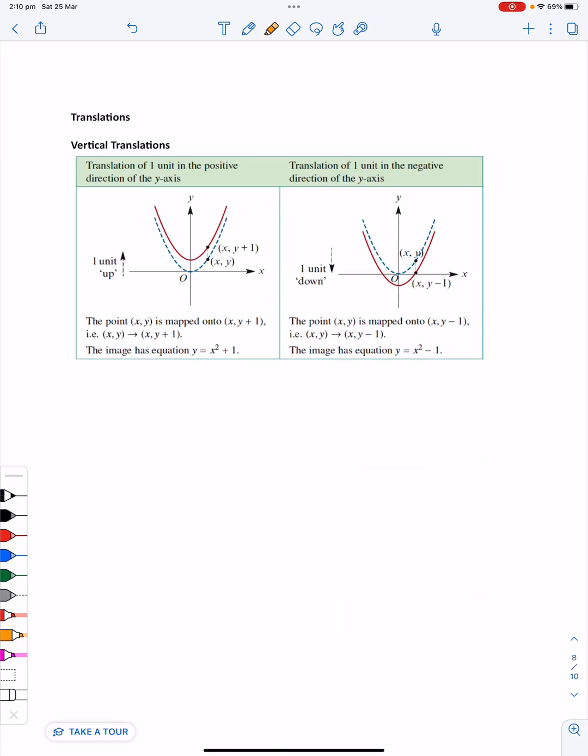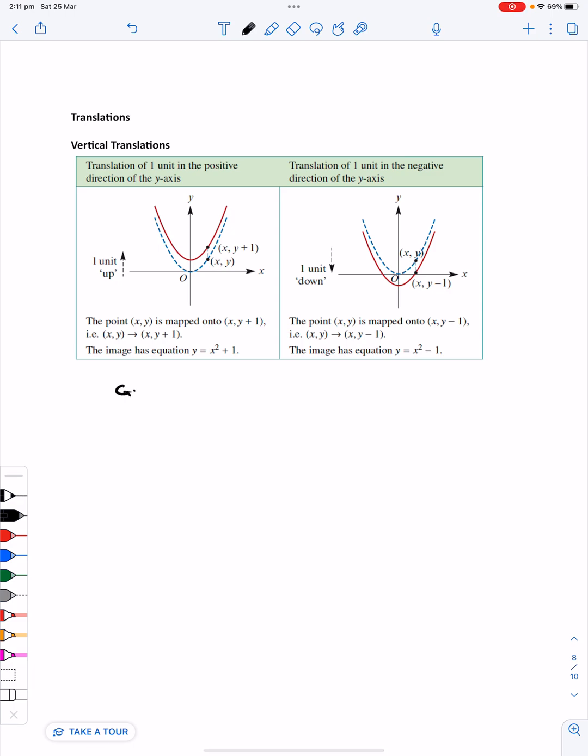The next form of translation that we can look at is a vertical translation, so that means moving the function either up or down. They may use the language positive direction of the y-axis or negative direction of the y-axis.